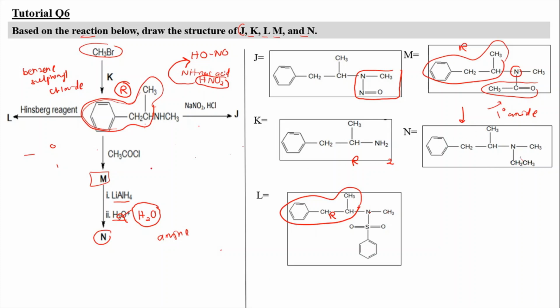Okay, so these are the steps in order to find out J, K, L, M, and N. Okay, it might be a little bit difficult for you at the initial stage, but you can use the R in order to simplify, dan untuk jawapan akhir tulis balik lengkap. Okay, so that's for question 6.